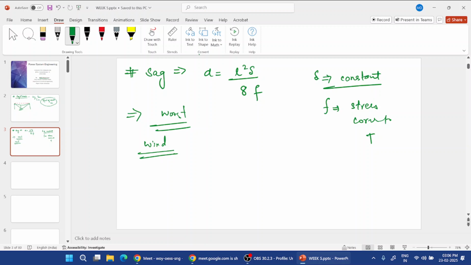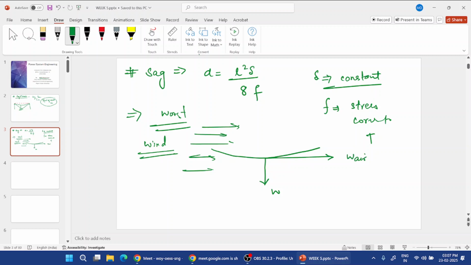Generally, the weight of the conductor is pointed downward. This is one effect. Another is the wind. Wind generally blows like this, so it is a horizontal effect. It may drag the transmission line toward this, and it is due to air.